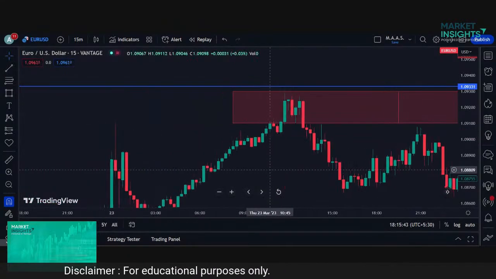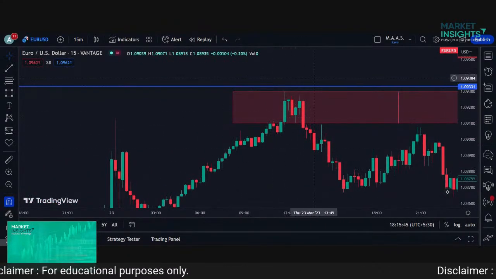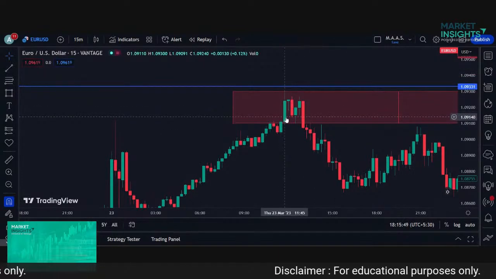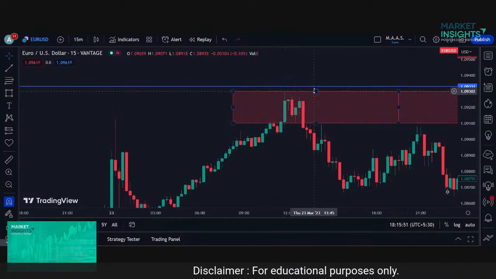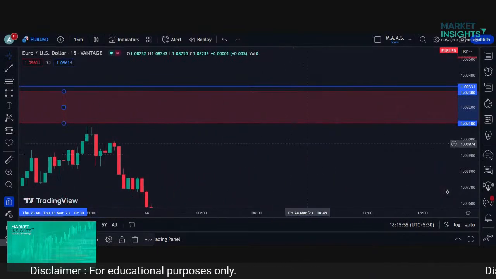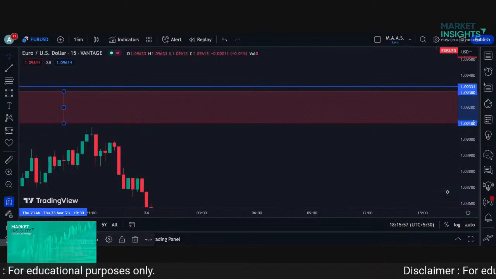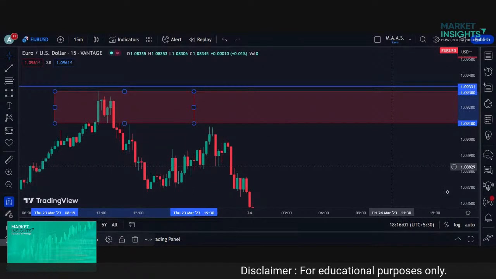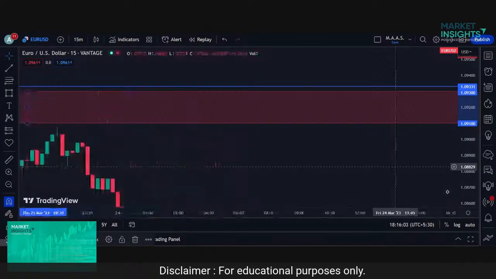So understand this: whenever you find a consolidation, you have to incorporate every candle of the consolidation as long as you can. The zone difference might be big for some people. In this case it is just 20 pips. For some people it might be more than 20 pips, it might be 100 pips for that particular zone range, right?